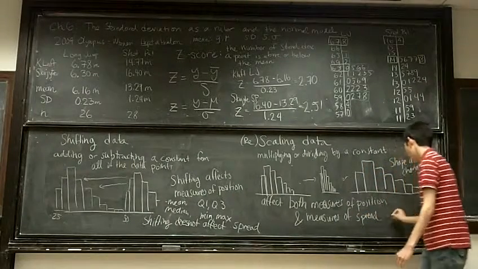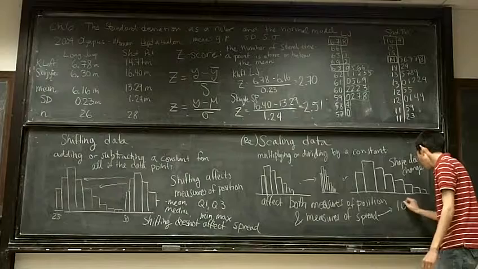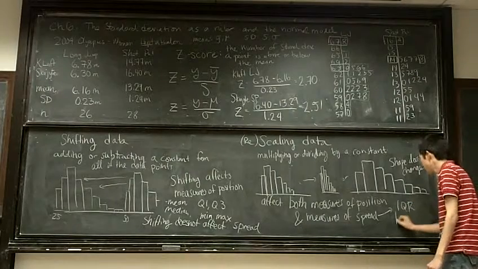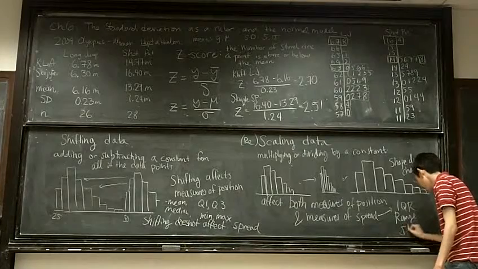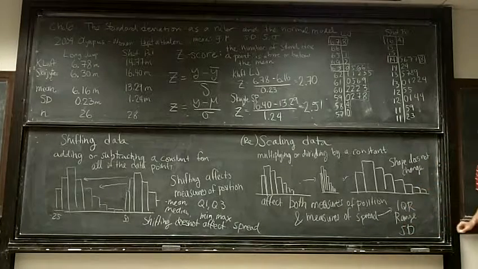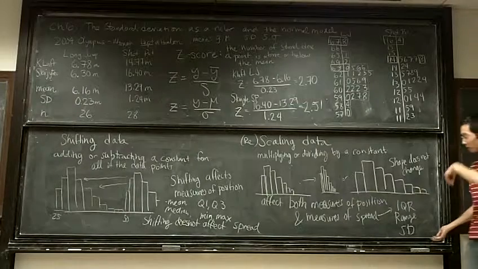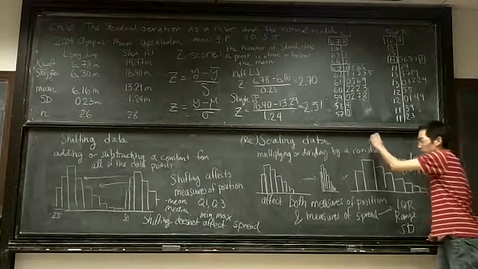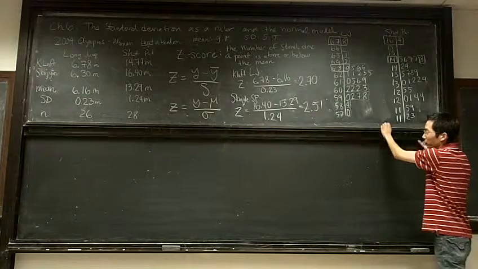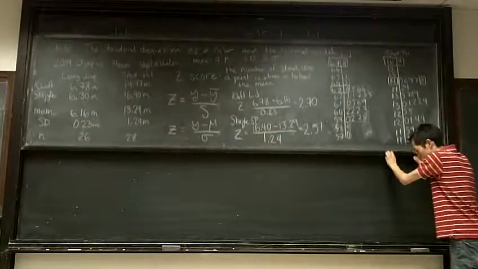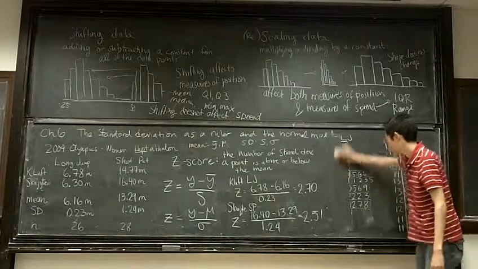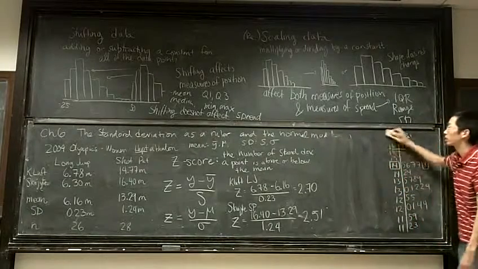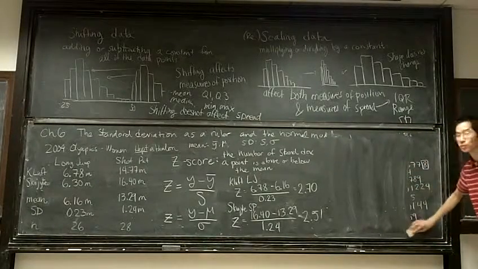So those are things like the IQR, the range, and the standard deviation. Yeah, my handwriting is getting sloppy, but okay, I'm just going to push this board up. Okay, so any questions on shifting or rescaling data?